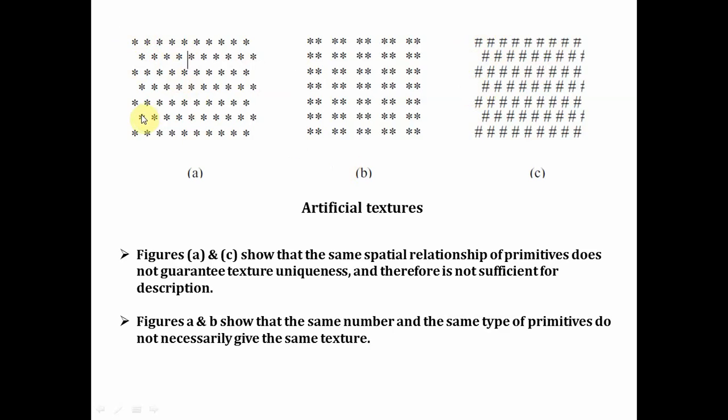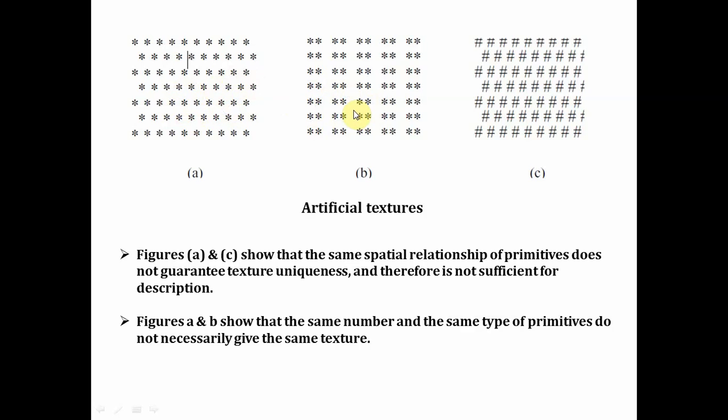It means if you have the same kind of pixel, but you are not following the placement of the pixels in the same manner, you won't be able to create the same texture. Though they carry a similar kind of pixel or pattern, they are not exhibiting the same kind of texture.